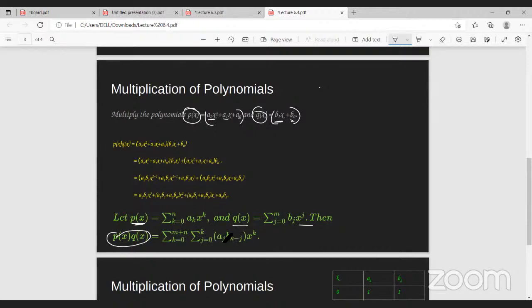We're simply adding the coefficients here. Suppose k is 2 and j is 0. So a0 b2, plus the same thing happens here, a2 b0. We're simply multiplying, because we are adding the coefficients.